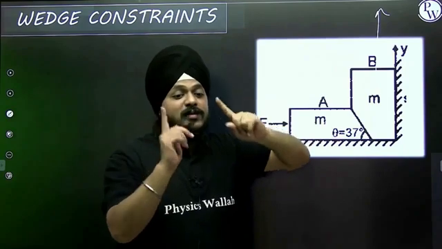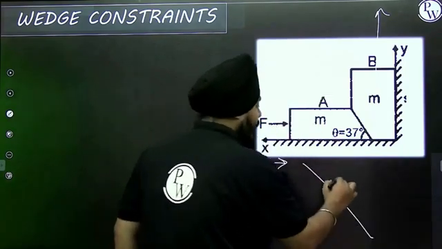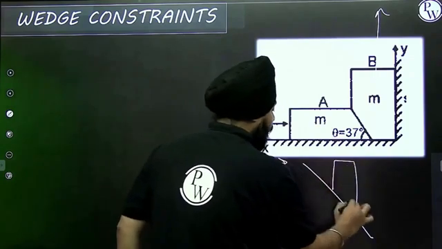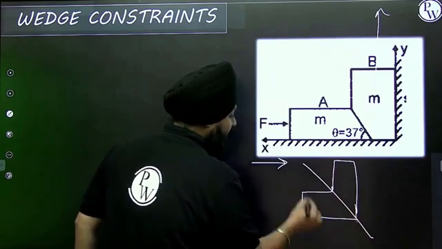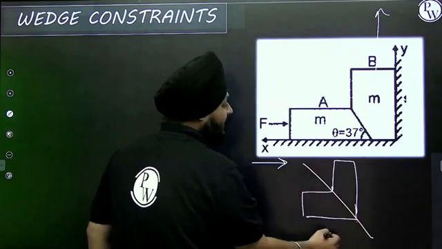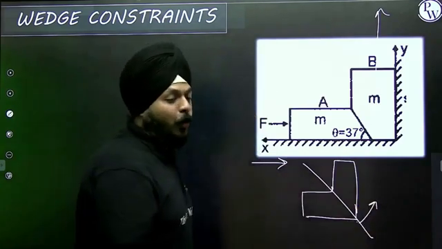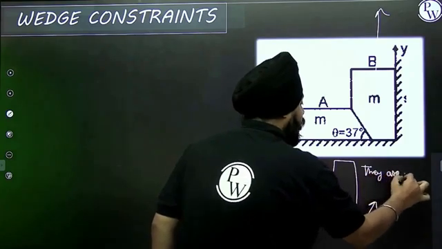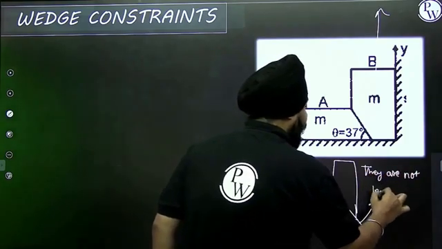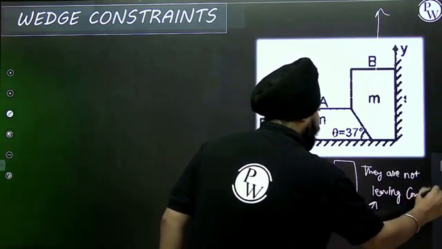But you can see one thing. The vertical is adjusted this way, and the horizontal is adjusted this way. The one thing common in both is that they are not leaving contact with each other.